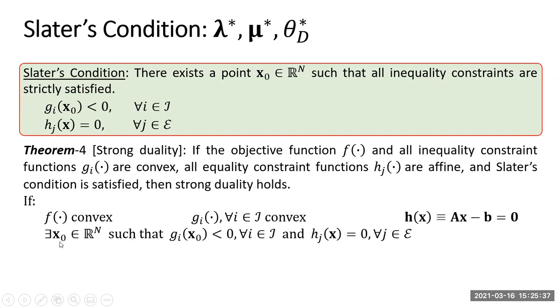There exists, this is the notation for there exists, just like this is the logical notation for all. So there exists an x naught which is strictly in the interior of the feasible region, and the equality constraints are affine, then theta P star equals theta D star. And this we will do without proof.